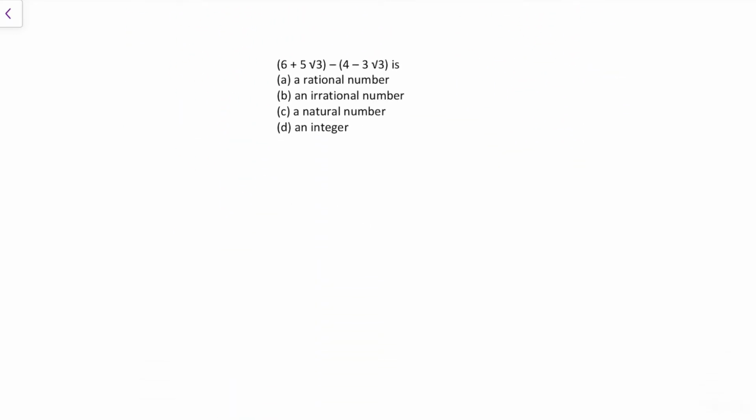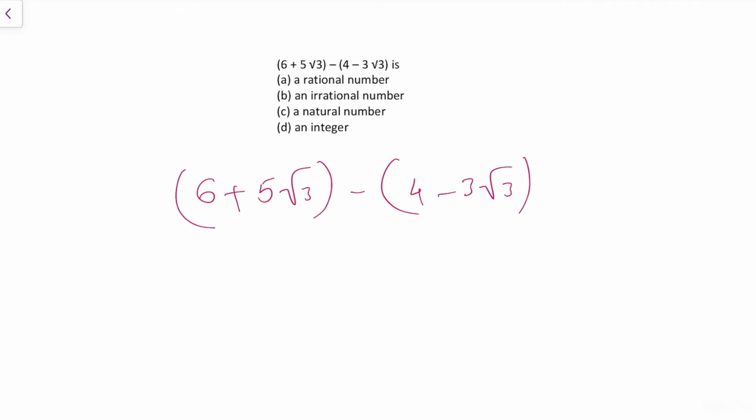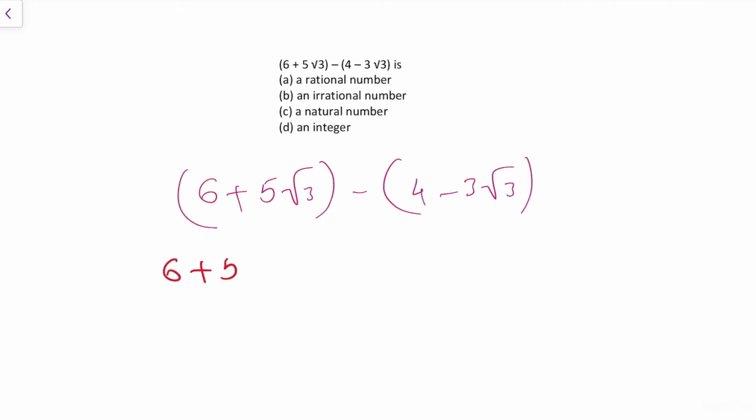Next question. 6 plus 5 root 3 minus 4 minus 3 root 3 is which kind of number? Let me write it again: 6 plus 5 root 3 minus the bracket 4 minus 3 root 3. The first thing I will do is remove the bracket. 6 plus 5 root 3 minus 4, and minus into minus 3 root 3 gives plus 3 root 3.